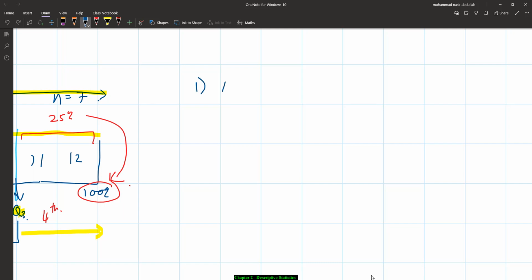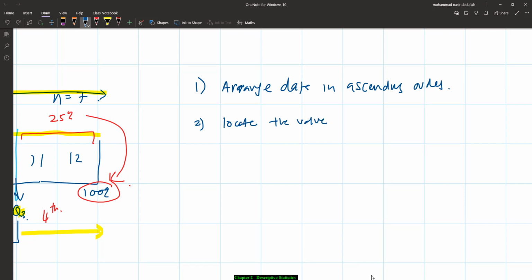First, we need to arrange data in ascending order, right? From the smallest to the largest. Second, we need to locate the median value, the value of quartile, quartile i.